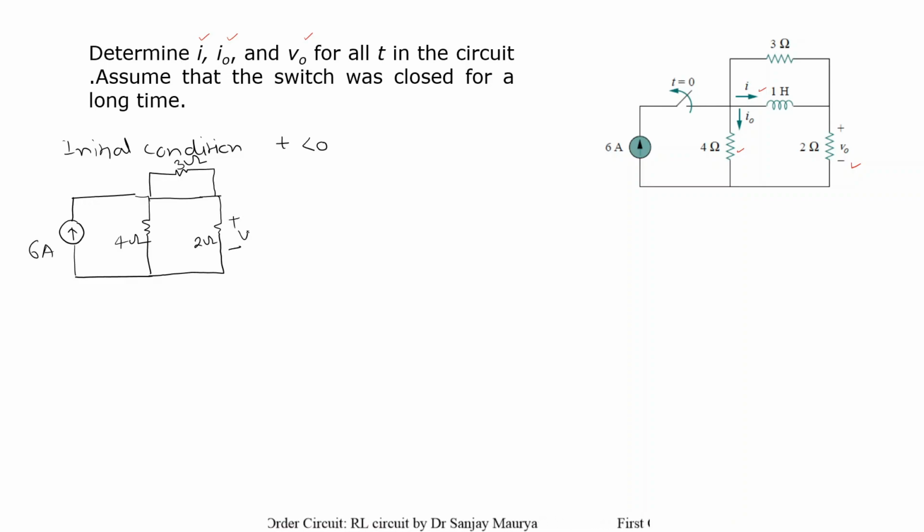This is the voltage V naught. Since we need to determine I naught and V naught, we are going to determine the initial condition for all these currents. So first of all, I'm going to look at the initial current across the inductor.